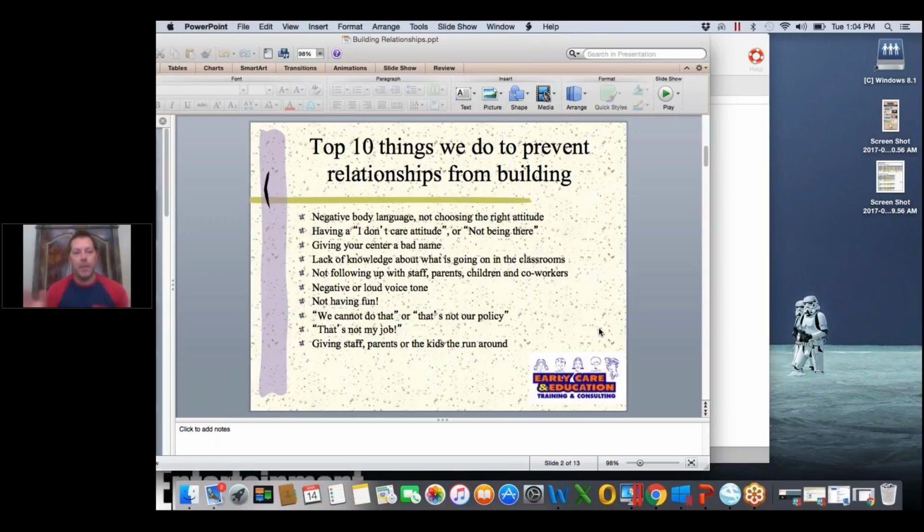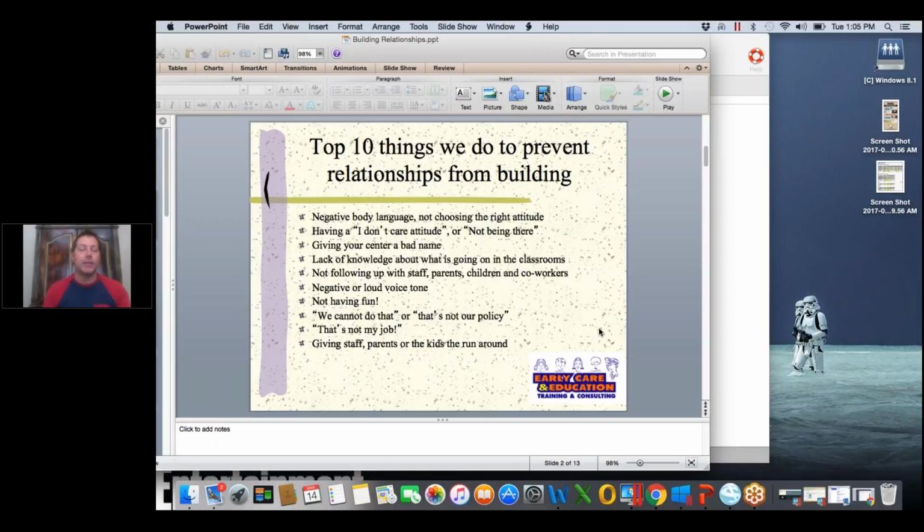So first off, negative body language. We talk a lot about communication, and only 7% of communication is the words that we use. The other 93% is body language and tone.